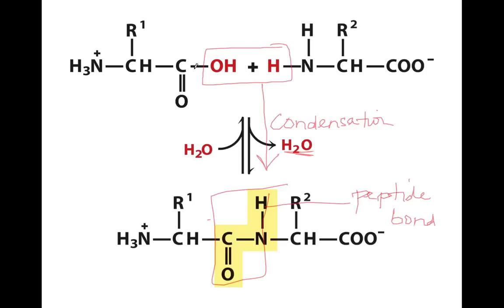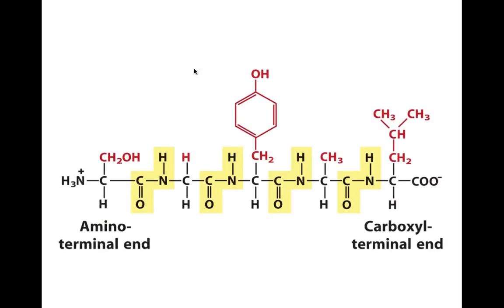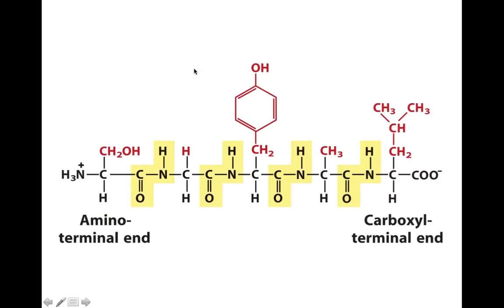Condensation and hydrolysis are very important: condensation to make these macromolecules, and hydrolysis to break them back down to their smaller components. We looked at condensation and hydrolysis when we looked at carbohydrates as well.